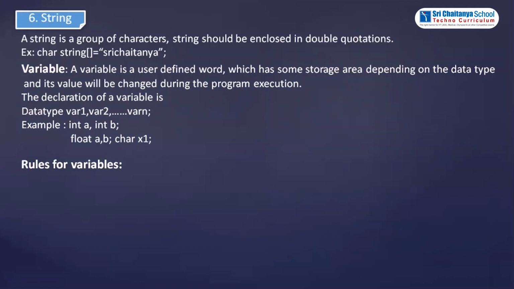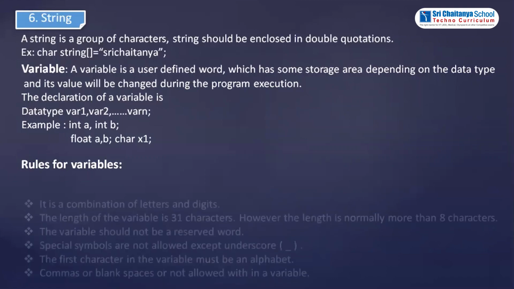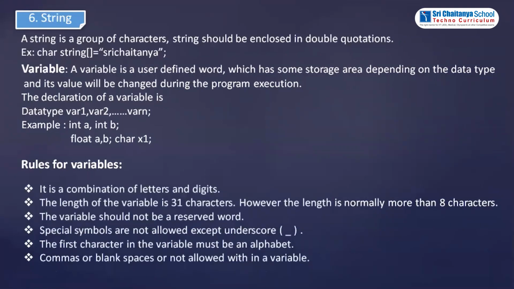So now let's see what are the rules for declaring a variable. It is a combination of letters and digits. The length of a variable is 31 characters. However, the length is normally more than 8 characters. The variable should not be a reserved word. This reserved word can also be called a keyword.